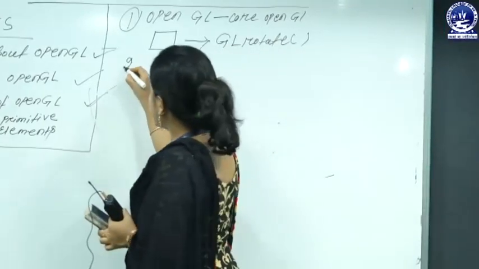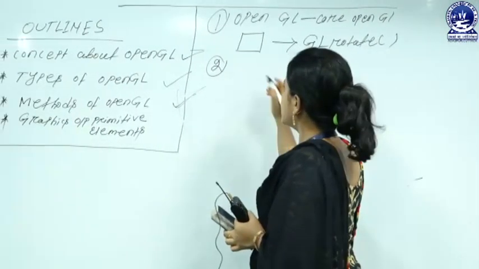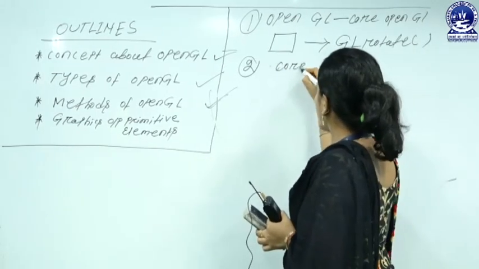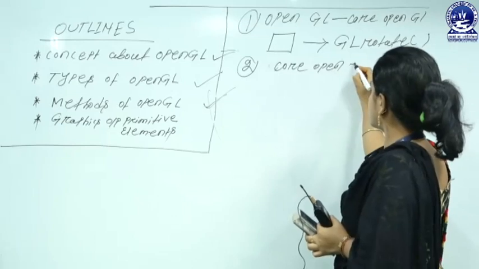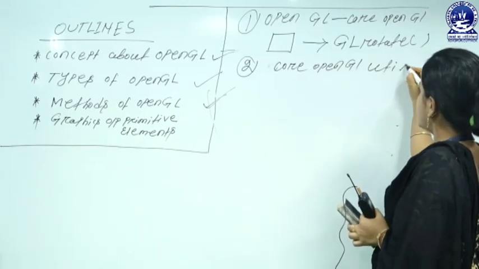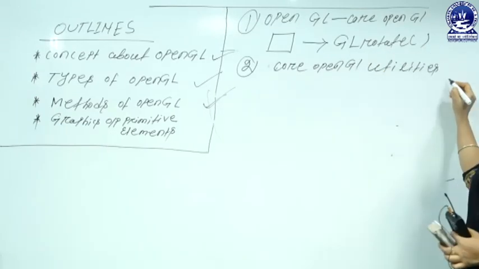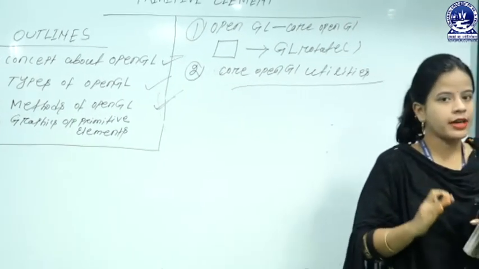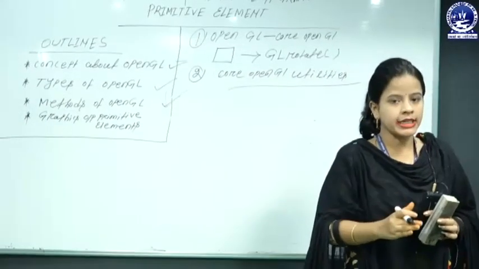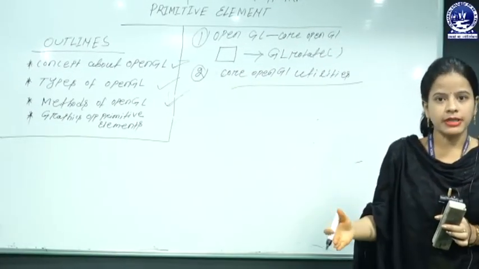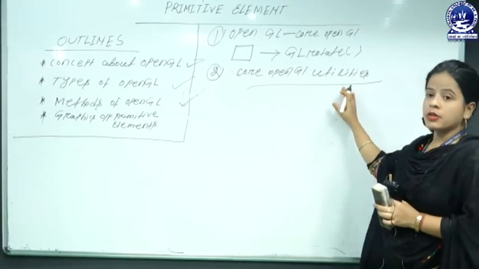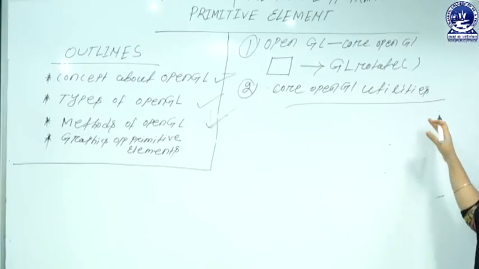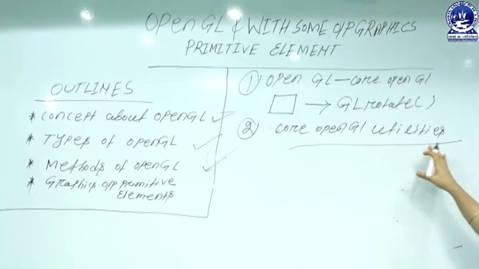Now go to the second type of functions. Another type of function provided is called core OpenGL utilities. If the programmer needs to change the appearance of a given object from one format to another, for example moving an object from 2D format to 3D format, here we use the concept of OpenGL utilities.